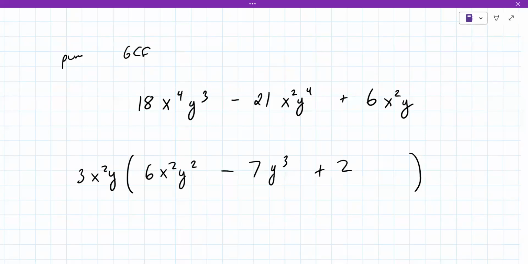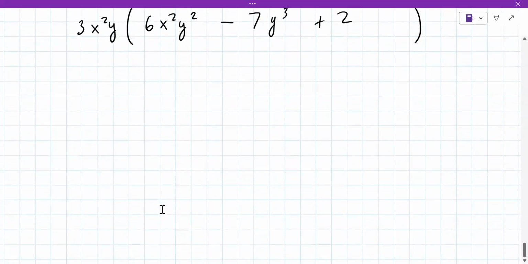Okay, so let's look at a couple of problems that you had on your test here. I'll just make it a little different. Let's go, u to the 6th plus u to the 4th plus u squared plus 1.